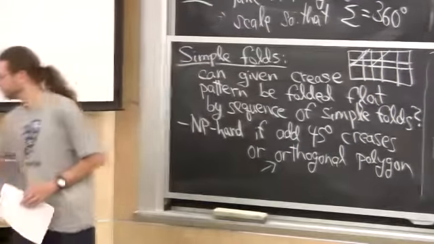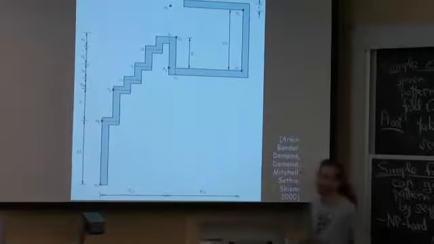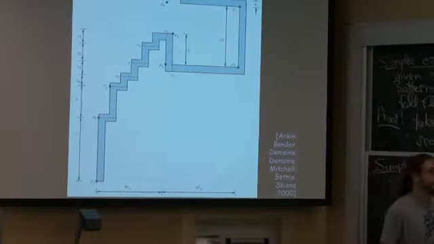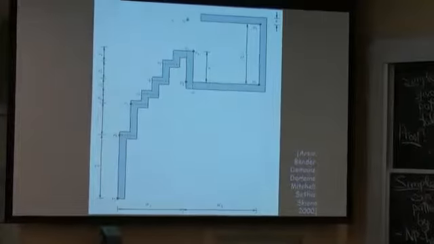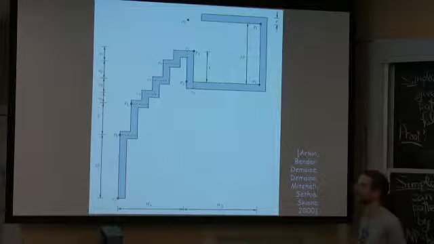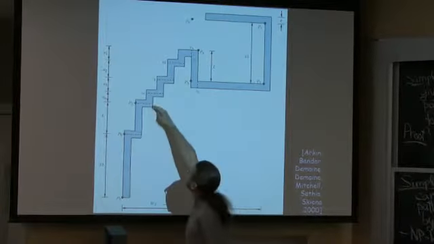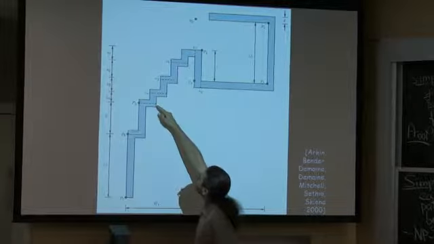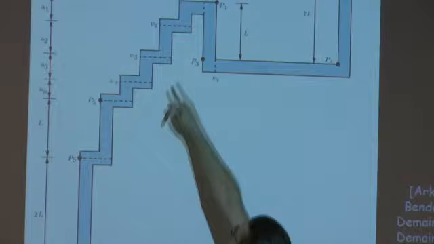So I think I have the proof here. So again, we're going to reduce from partition. So we're given n integers. We want to know whether we can divide them into equal summing halves. And we're going to represent those integers by these lengths. So here's a_n, then a_3 and a_2 and a_1.